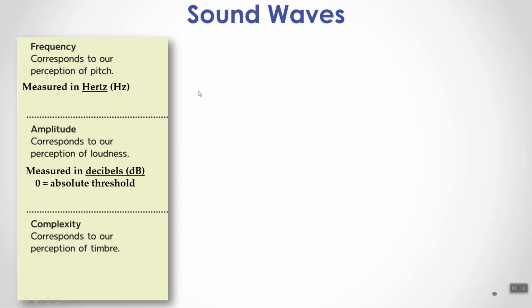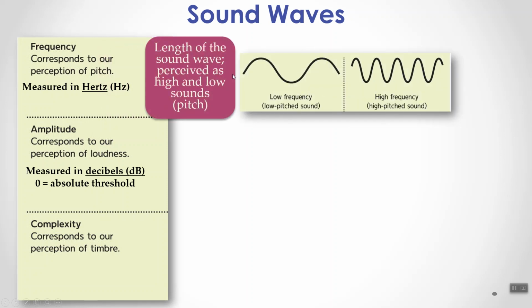So they're characterized by certain similar things to what we went over in vision. There's some overlapping topics, but these molecules have certain characteristics. So there's a frequency that we can measure in hertz, okay, and this tells us the pitch. So the length of that wave tells us different types of sounds, high and low sounds, like a really high pitched voice or somebody who's really bassy and low down here, right?